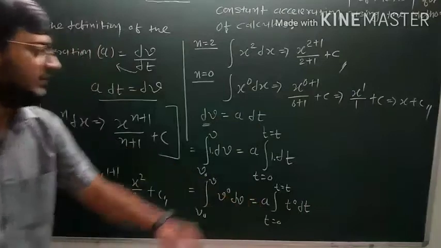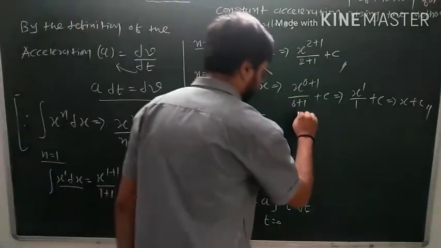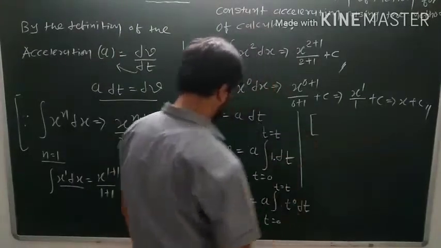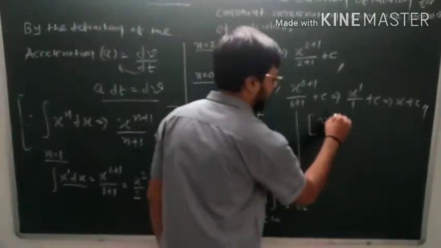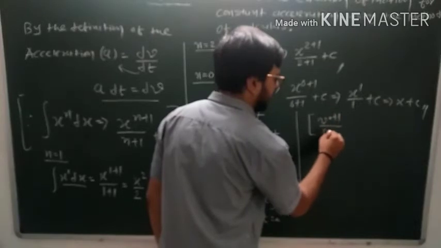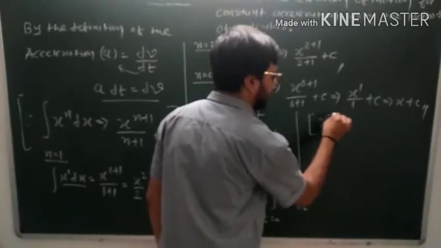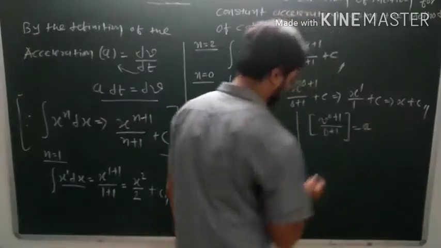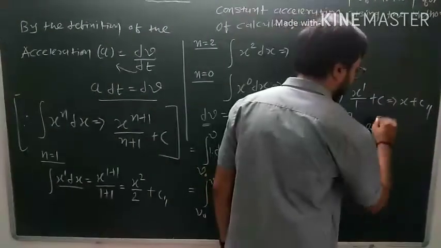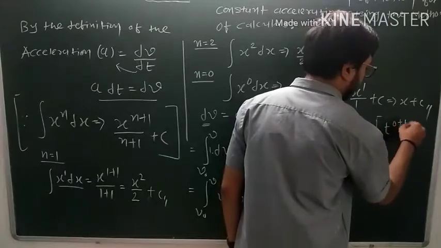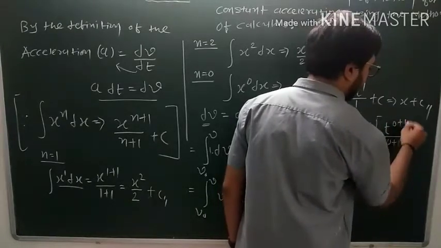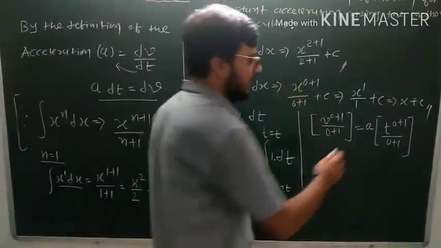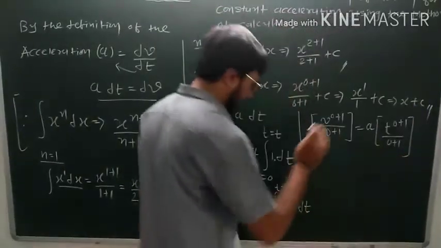Now we integrate this term. We get v raised to 0+1 divided by 0+1, then a is constant, and the integral of t raised to 0 gives t raised to 0+1 divided by 0+1. We do not need to write the constant c here, so I neglect it.